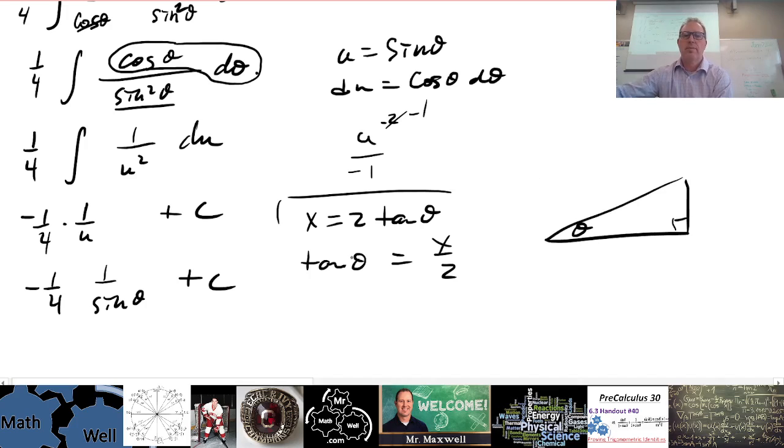So here's theta, and what's tan? SOH CAH TOA. So opposite is x, adjacent is 2. Okay, so this is going to be 2 squared plus x squared equals the hypotenuse squared. H equals square root of 4 plus x squared.